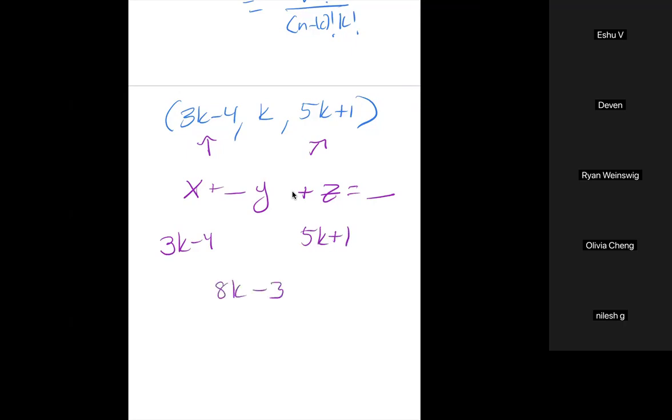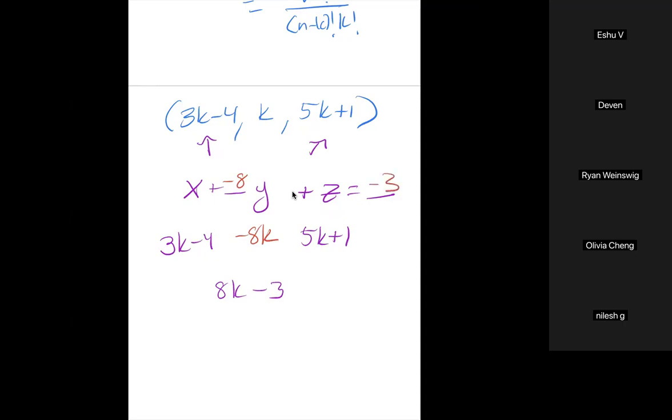In order for this equation to be true, I need the k's to cancel. So what does the coefficient of y have to be so that my k's go away? Minus 8, right, so minus 8k. And what would the constant term on the right have to be? Minus 3. Yes, so that's it.